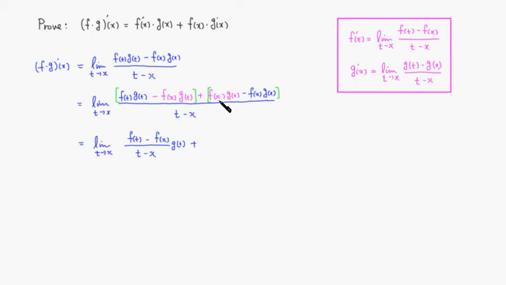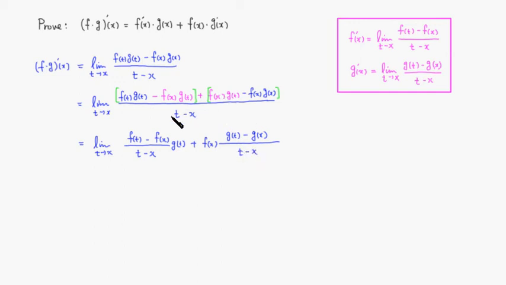Now f of x is in common, so we put the f of x outside, in front. From the first term, you have g of t left over, minus, from the second term, g of x left over. Then you have to divide by t minus x.